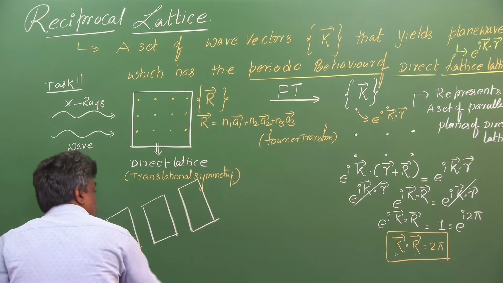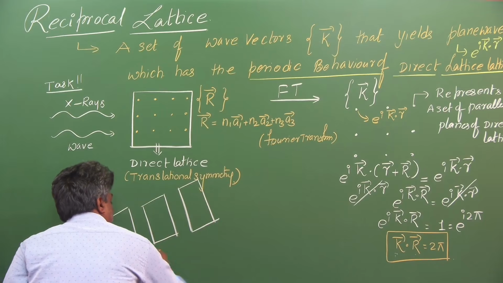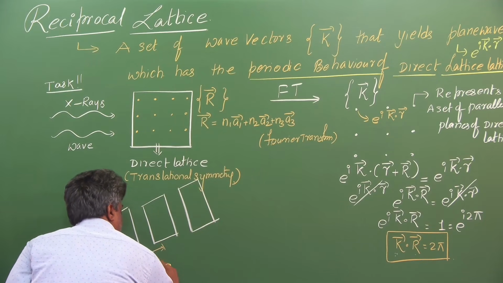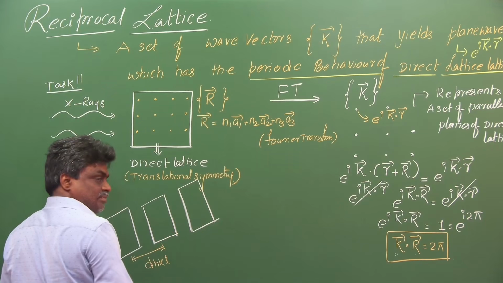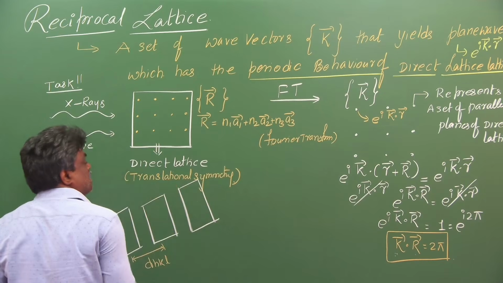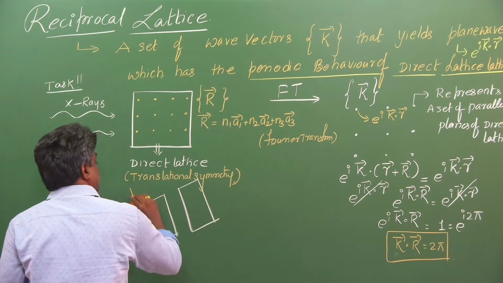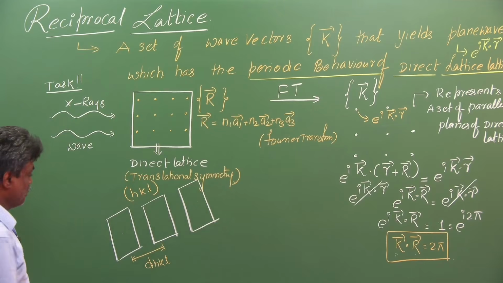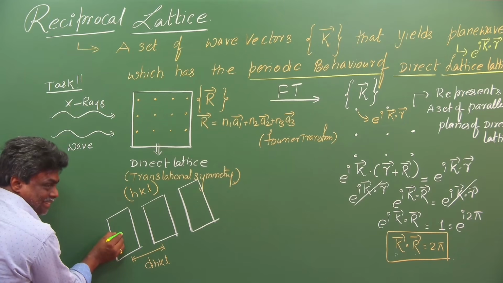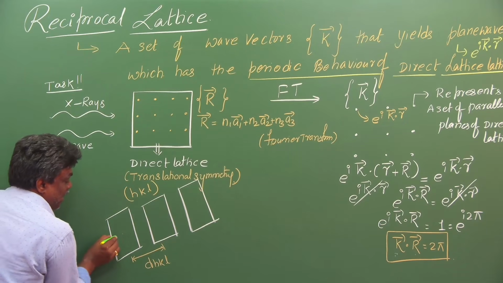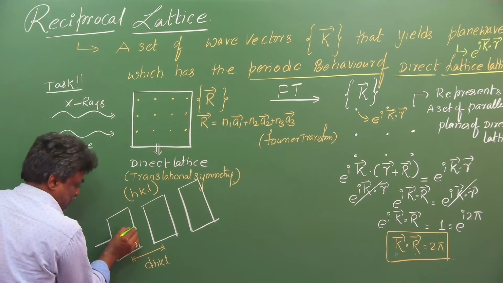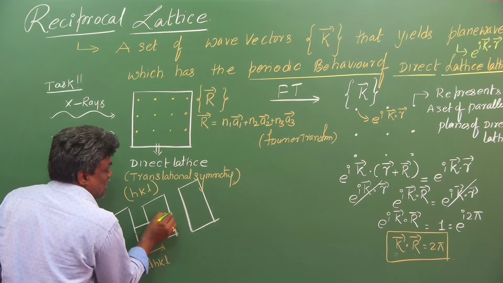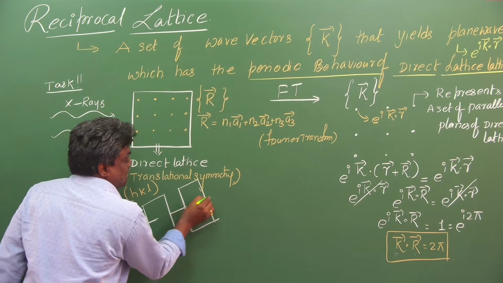Listen please. All these are a set of parallel planes and the interplanar separation is d_hkl. All these parallel planes are represented by Miller indices. What is that? HKL. Now, see the board, I am taking a normal to the plane. Normal to all the planes.